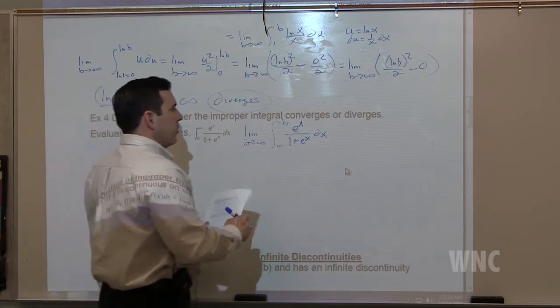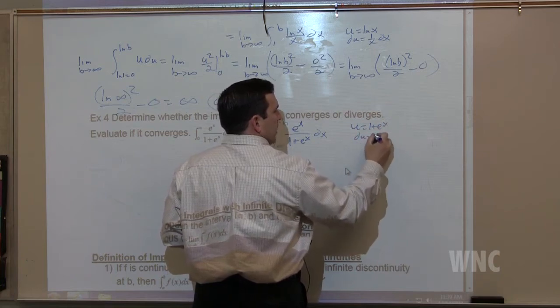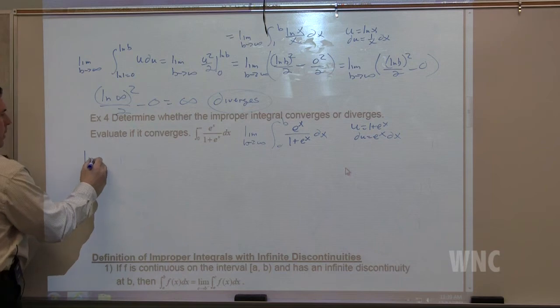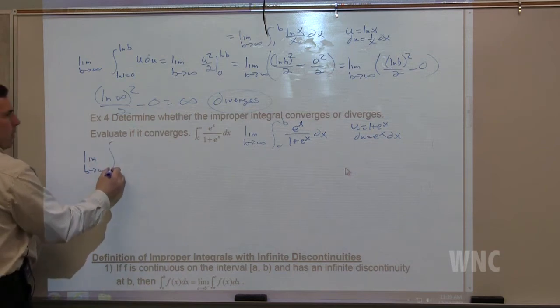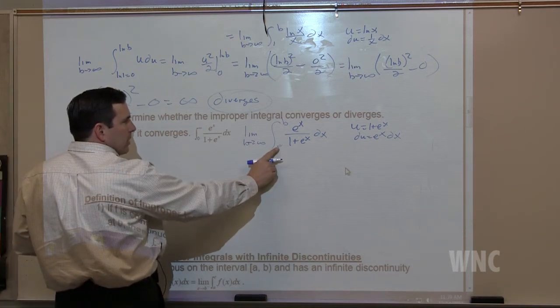So if I say my u is 1 plus e to the x, my du would just be e to the x dx, and I'll have the limit as b goes to infinity of the integral. Now 1 plus e to the 0 is 1 plus 1, which is 2.